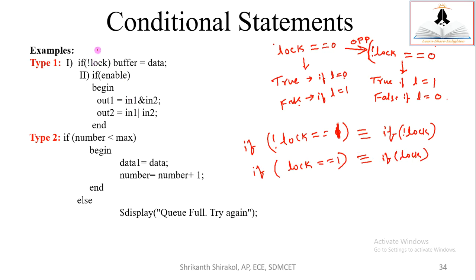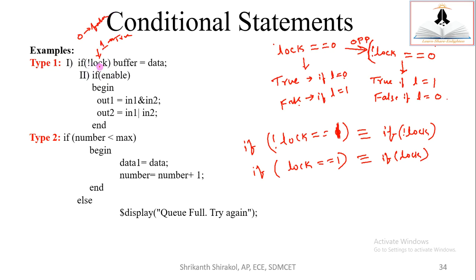Remember this. Whether this is 1, that we need to check. If it is 0, then it is false. If it is 1, then it is true. Now I'm checking not of lock. Not of lock should be 1 means lock should be 0. If lock is 0, negation of 0 is 1.